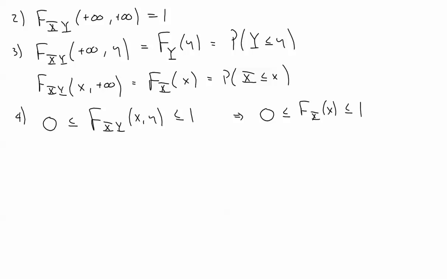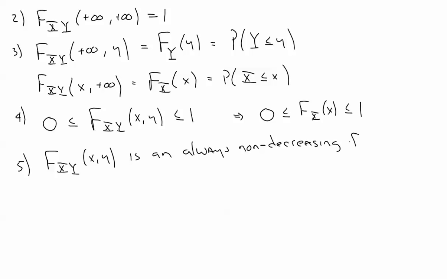Fifth property is that my joint cumulative distribution function is an always non-decreasing function of both x and y.